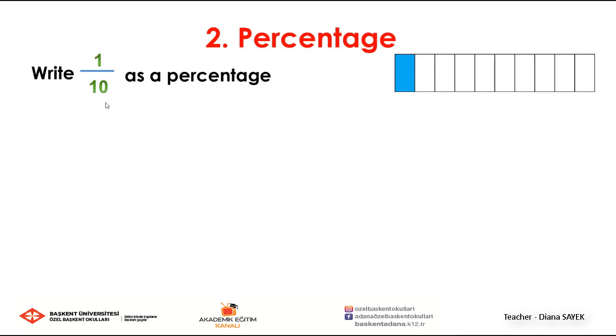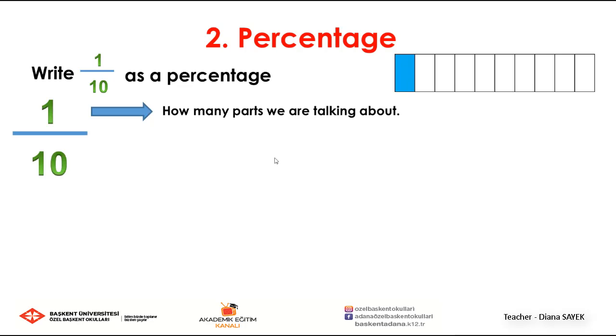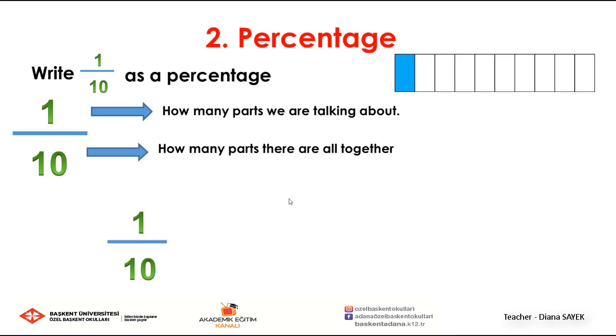Now, we have another example here. It says, write 1/10 as a percentage. So we know that 1 is how many parts we are talking about, the one shaded in blue, and 10 is the total parts. But wait a minute, we said that a percentage is when the total parts altogether are 100. So what we're going to do here is the inverse of the example before.